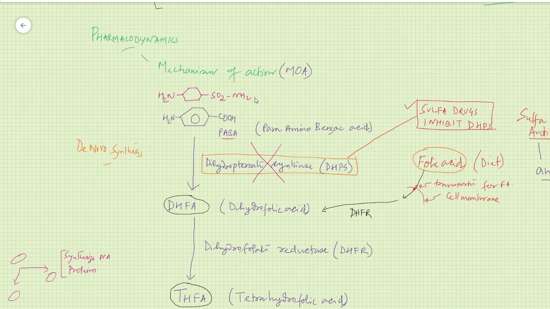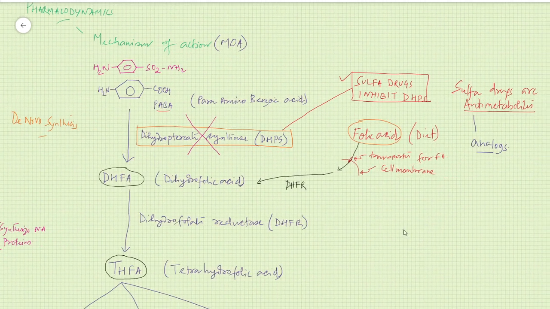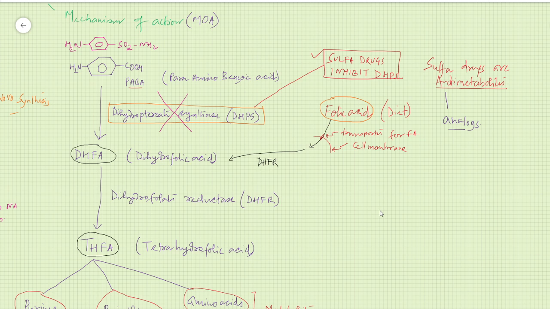This is sulfanilamide, one of the prototype drugs. If you compare these two structures, you see that they are similar. They are different only in having this moiety here. So they are structurally similar, and that's why we say they are analogs.